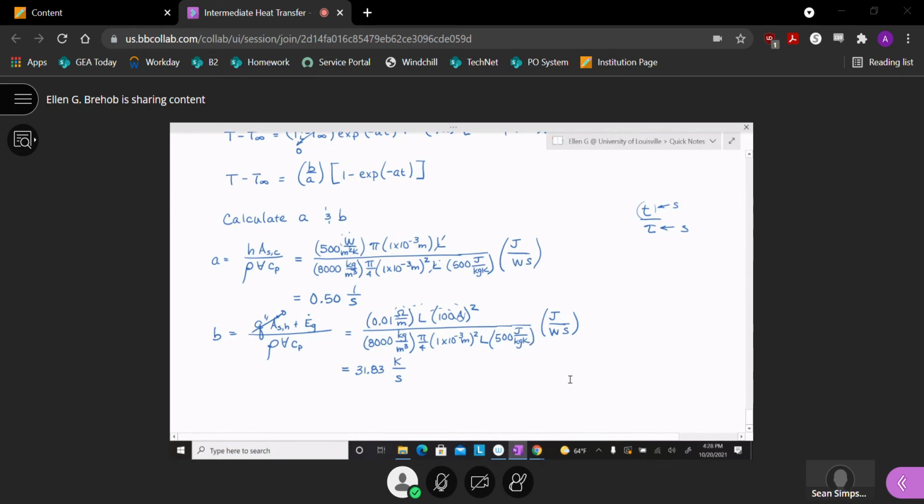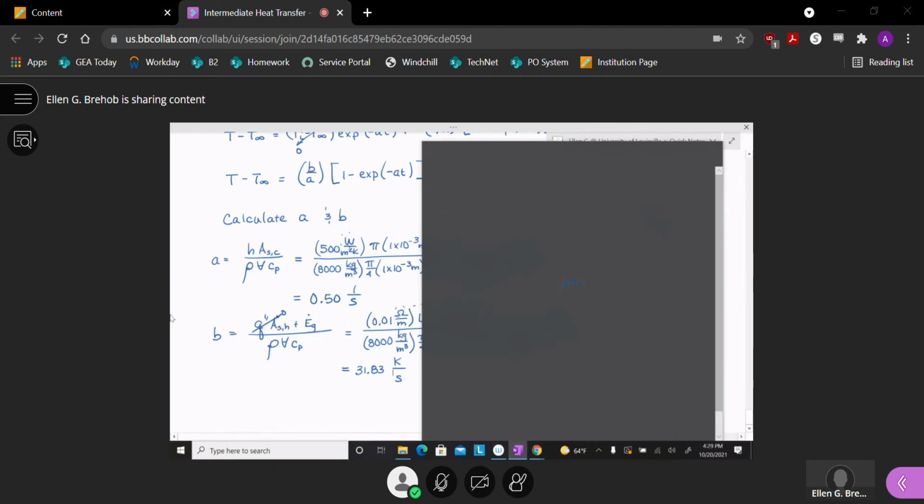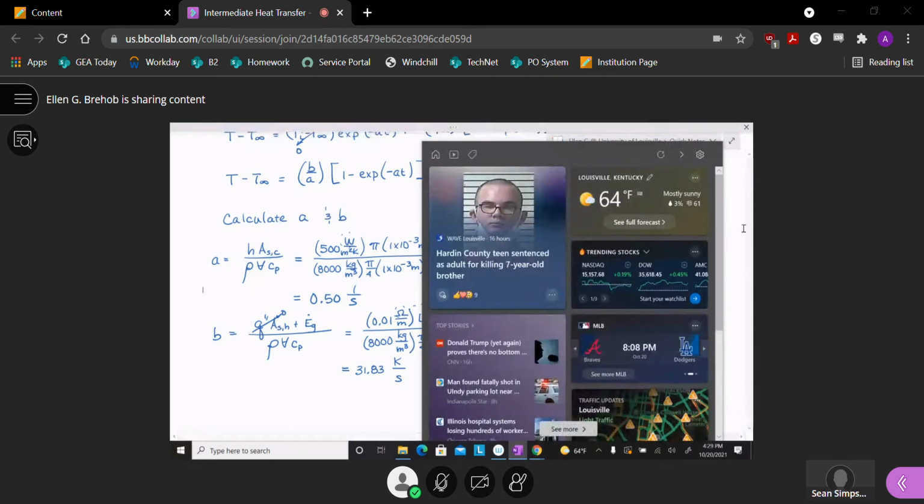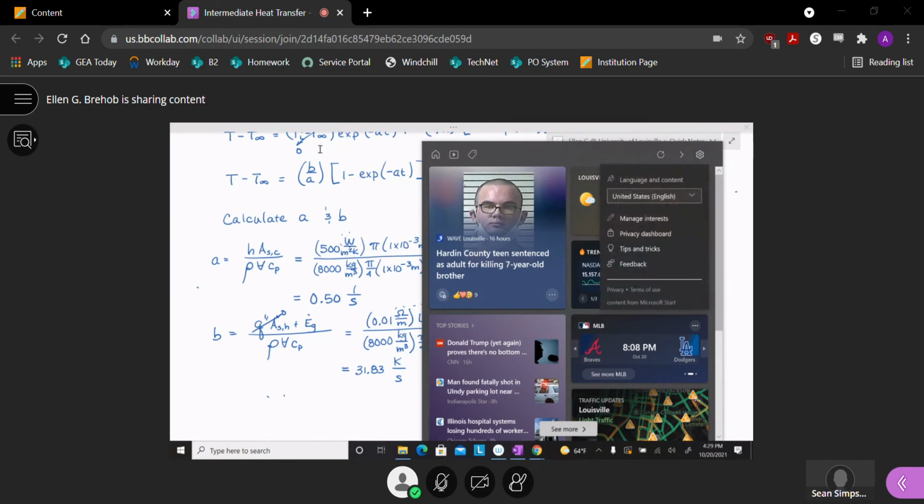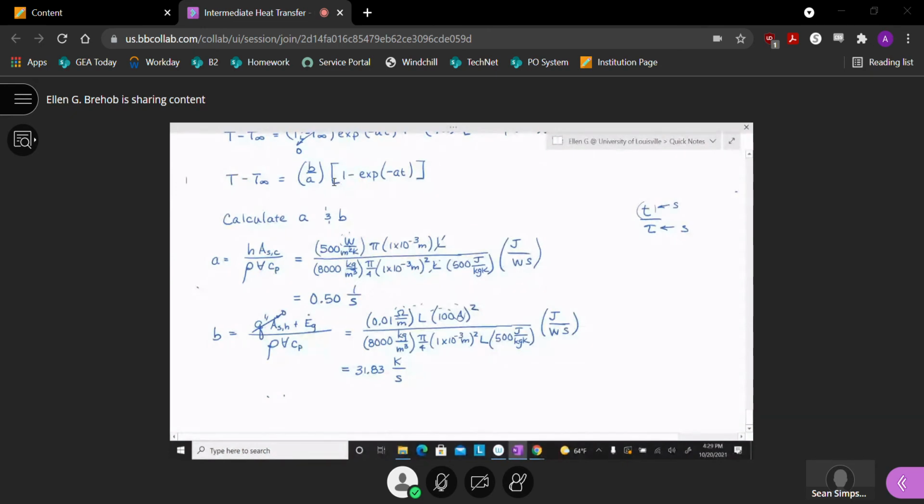I'm sorry, did your units just line up the same though? Say that again. They're both joules per watt second. So how is the Kelvin over seconds? Why are the units different? Yeah, because you wrote joules over watt second for both, but then the units at the end are A is 1 over seconds and B is Kelvin over seconds.